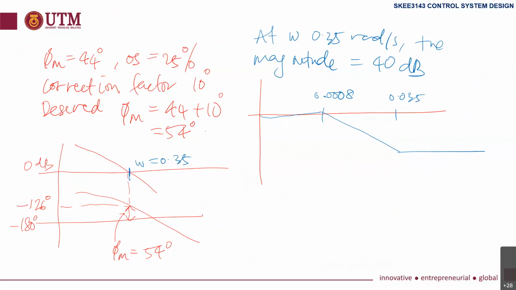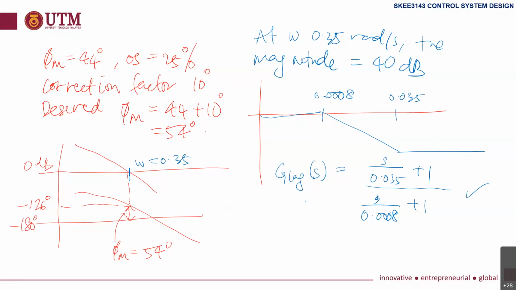So the transfer function of the lag compensator is first, the one going down here contributes to the denominator, s over 0.0008 plus 1. And the one here is s over 0.035 plus 1. This is the transfer function of the lag compensator.